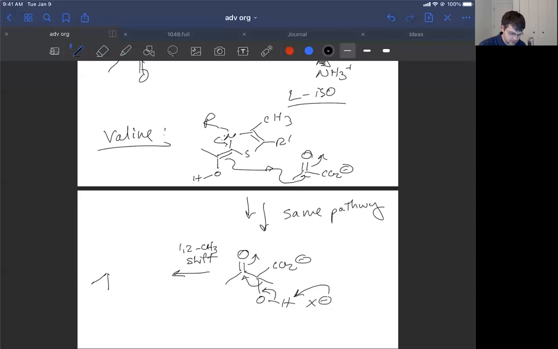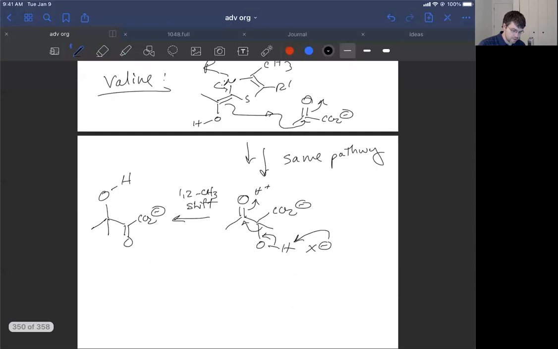And that's going to give, and we'll pick up an H plus while we're over here, this species, which we can then engage NADH and an acid. It's not a catalytic cofactor, so we need to deal with NAD plus at the end of all of this.